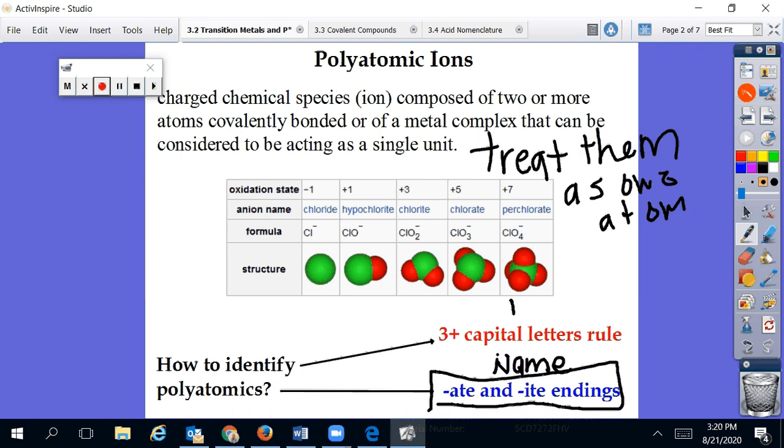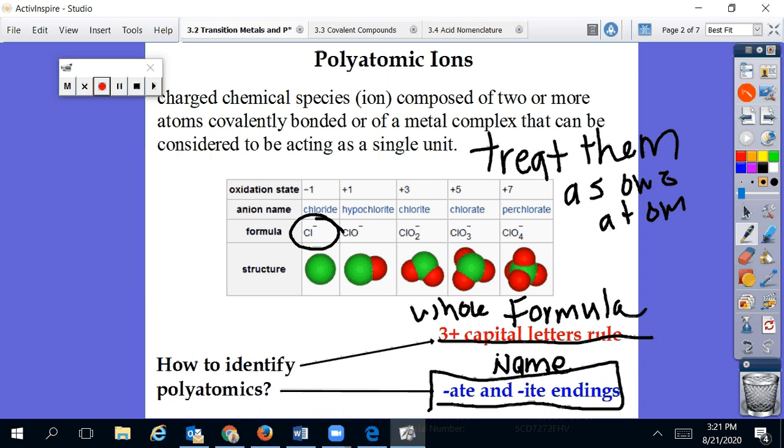If the total formula has 3 or more capital letters, that helps you identify that there's a polyatomic there. These are examples of polyatomics, and note that they all have the same oxidation number of -1.